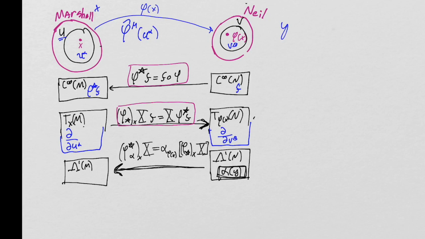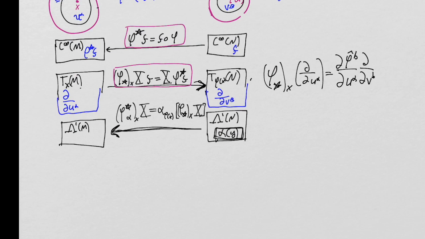Now, given that everything is linear, if I can tell you what the push forward is of a basis vector, then I can tell you the push forward of any vector, right? So if I know the push forward of the basis system, I know the push forward of every vector possible in this tangent space. And so the rule goes like this. So here's the definition.